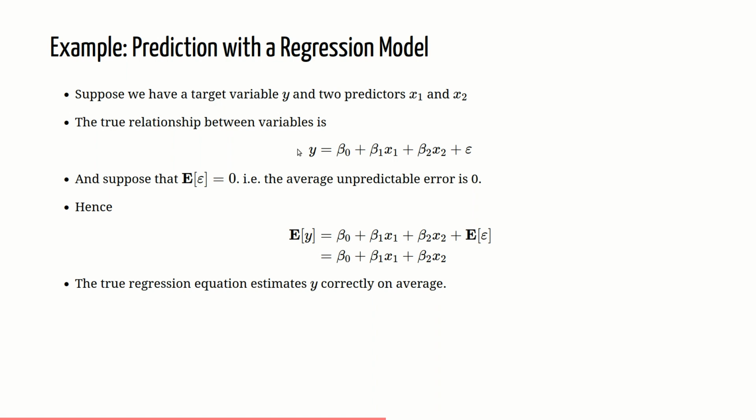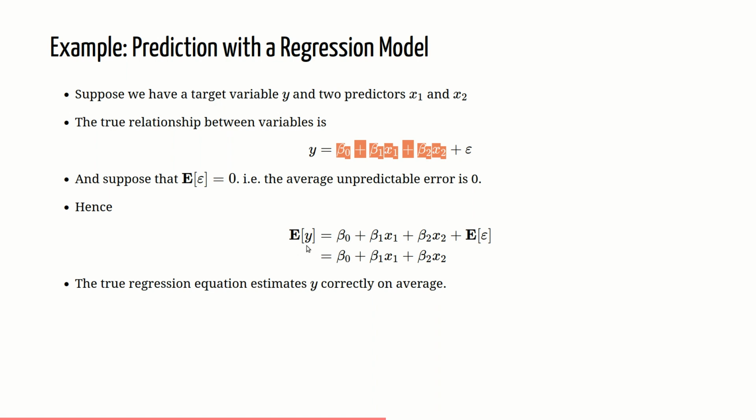And we can see this if we just take the average of y. So this is the expectation of y. The expected value of y is just going to depend on these things. If we know what the betas are, then none of this is random. The only random bit is the epsilon, therefore y is random because it depends on epsilon.